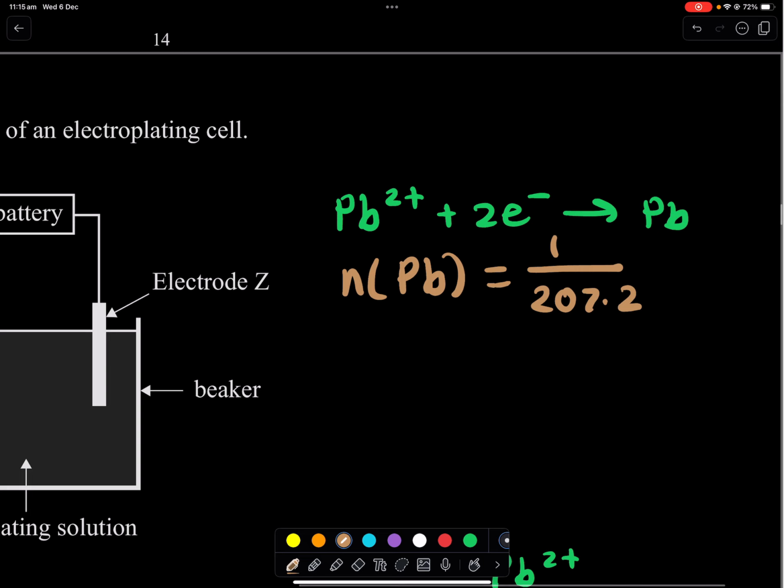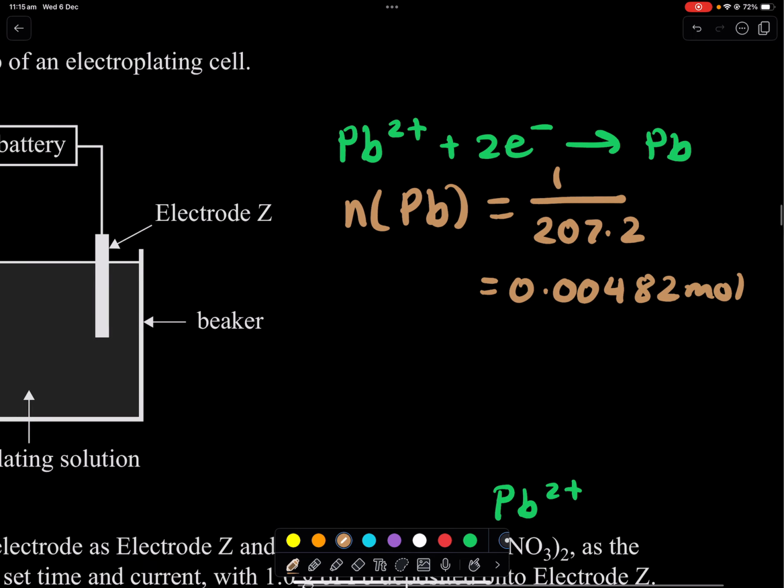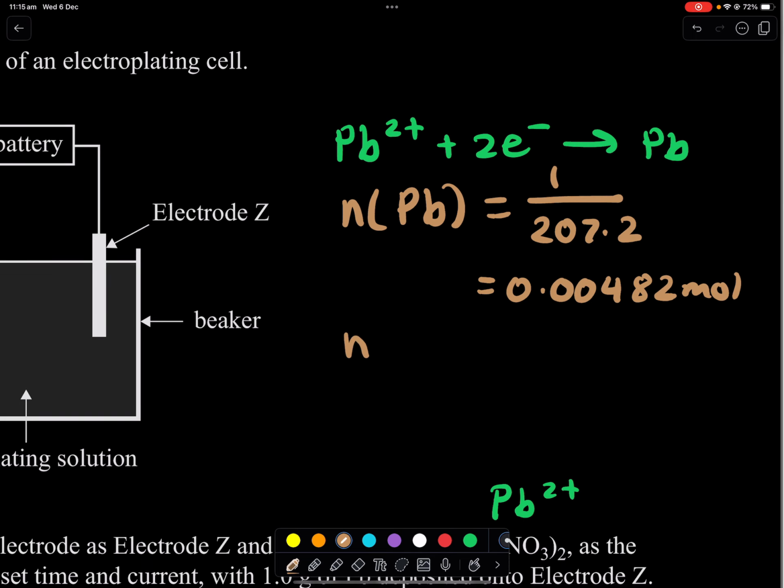And so what's 1 divided by 207.2? That gives me 0.00482 mole. Now by ratio, if we want the moles of electrons, it's the n of Pb multiplied by 2 over 1, so we just multiply by 2.